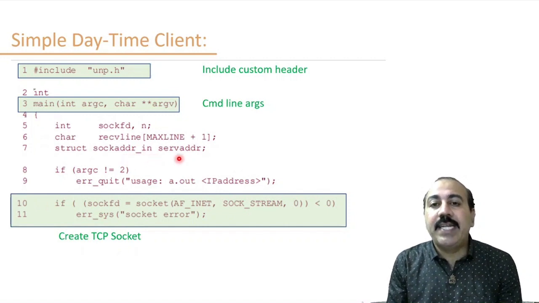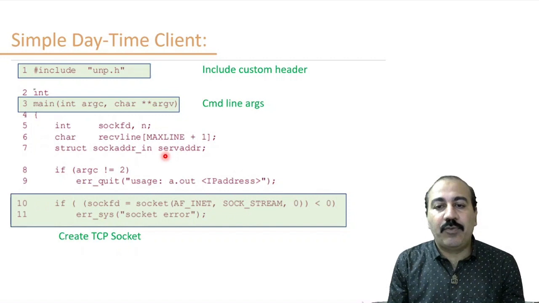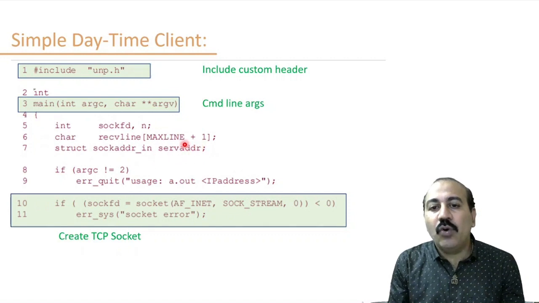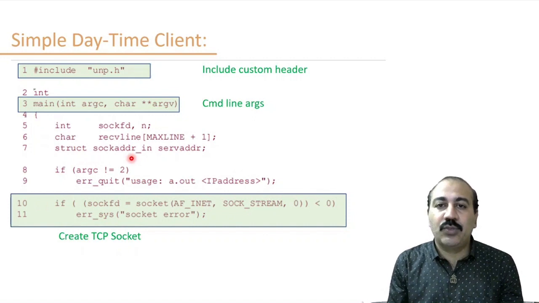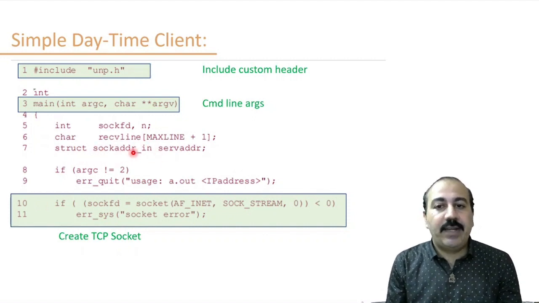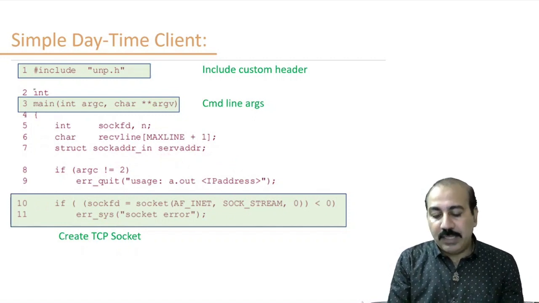If I say int a, then a is a variable which will hold an integer type of value. Likewise, here server address is like a. So this is a variable which holds data of structure sockaddr_in type. I hope you have understood this structure.